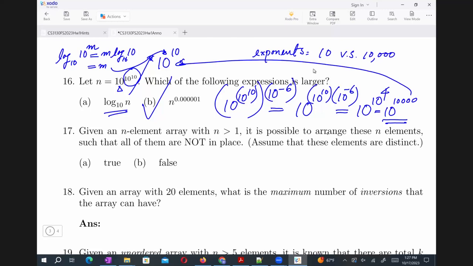Here, I use concrete numbers to make sure that the power function form can easily beat the logarithm, even if the exponent number is very small. Even 0.6 digit after the decimal point can easily beat the logarithm. Okay? With this concrete example.